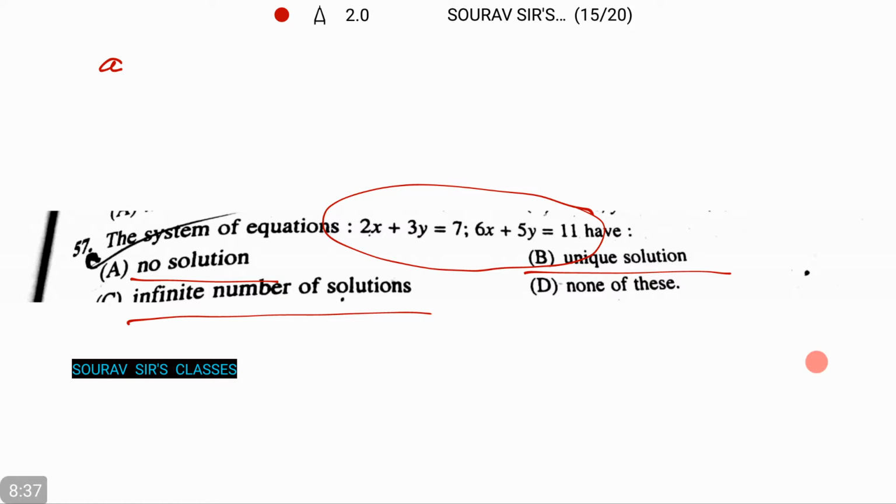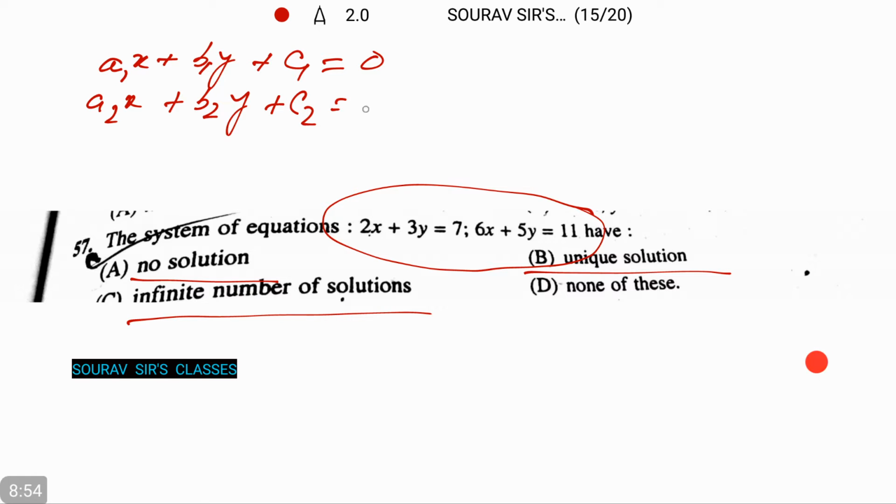Let us suppose that the equations are in the form of a1x plus b1y plus c1 equals 0 and a2x plus b2y plus c2 equals 0. These are the general forms.